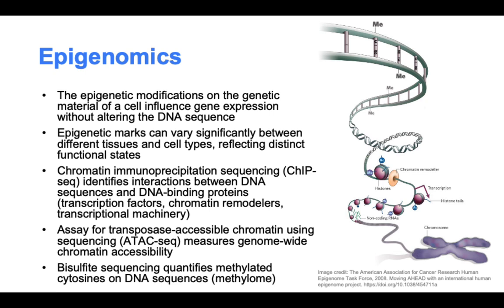It acts as a blocker for the binding of any regulatory protein to that promoter sequence, so highly methylated regions are transcriptionally repressed. And methylation is one of those reversible modifications that changes relatively quickly.